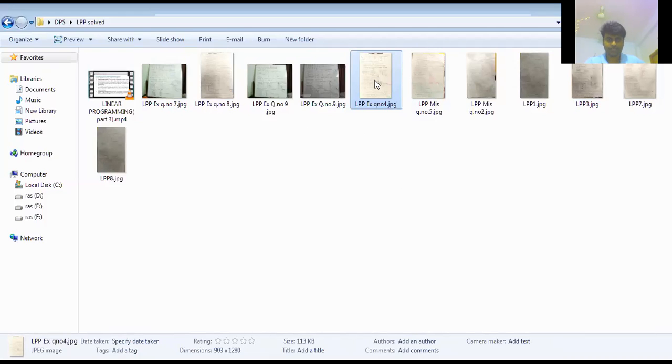Now, just try to understand this. What is the first thing? We have to take the table. What is the first step here? Let X be the number of packets of nuts and Y be the number of packets of bolts. Always we have to start the question from this only.